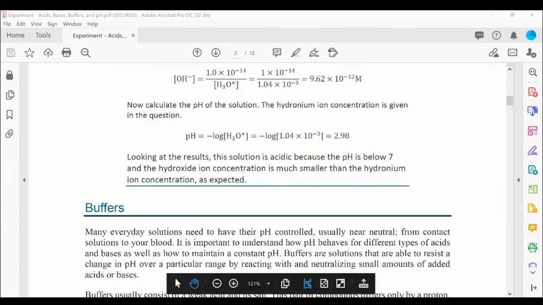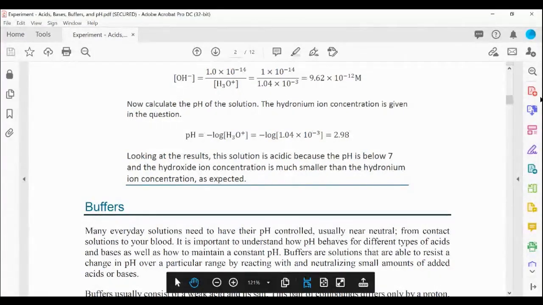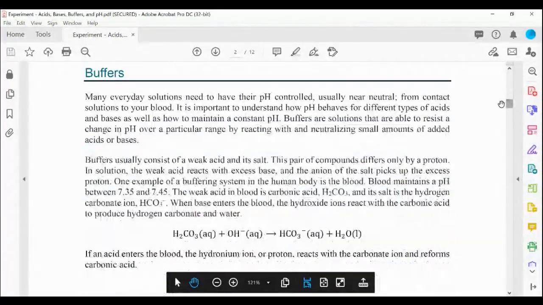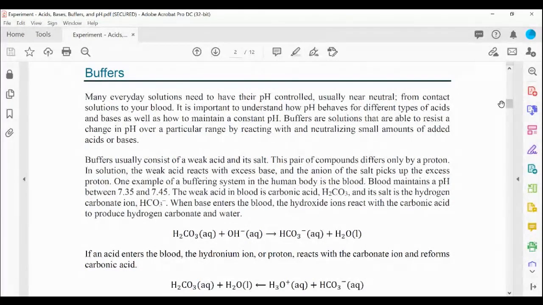Then we will continue with buffers. What are buffers? That strange word. Well, buffers are solutions that resist a change in pH.